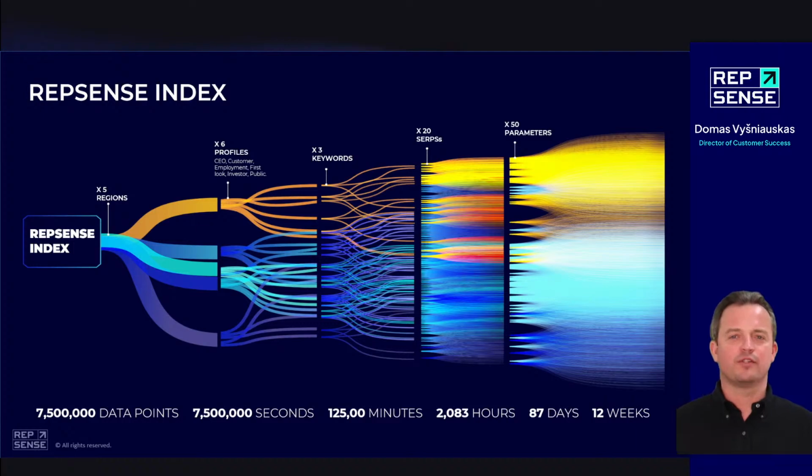Are all of the search results only about you and the website that you own, or do you have reviews? Do you have Google snippets? Do you have Wikipedia? Are you on social media, and so on and so on?